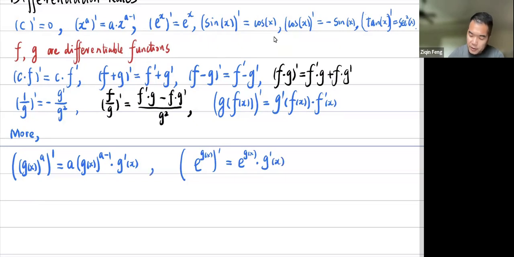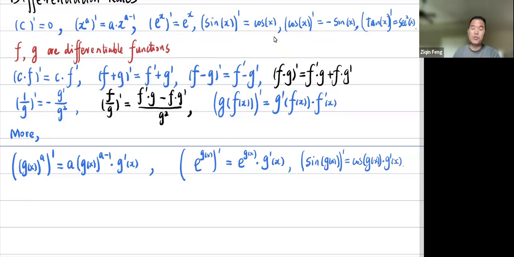One more formula here is sine of g of x, prime. This is cosine of the inner function g of x times g prime of x.